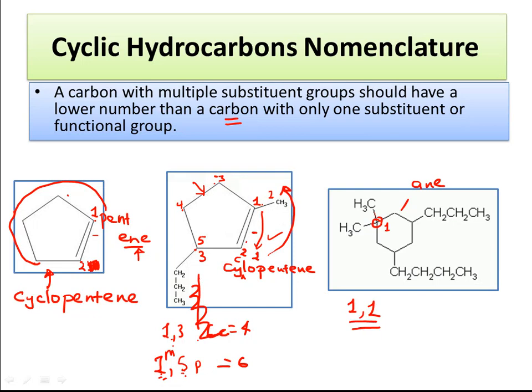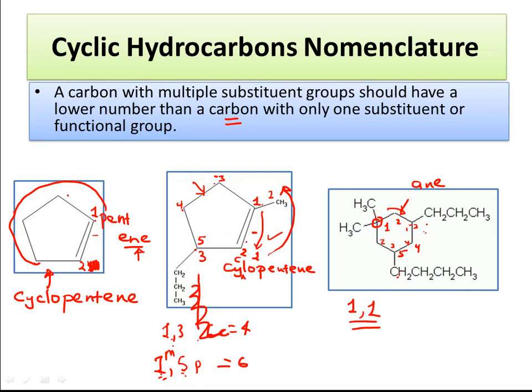Right, now I have to decide to count either clockwise or anti-clockwise to see which one will give me the lowest locate number combination for these 2 remaining ones, because this one is already 1. So if I count this way, this one will be on 2, 3, 4, 5. If I count going this way, this one will be 2, 3, 4, 5. It doesn't matter which way I count.